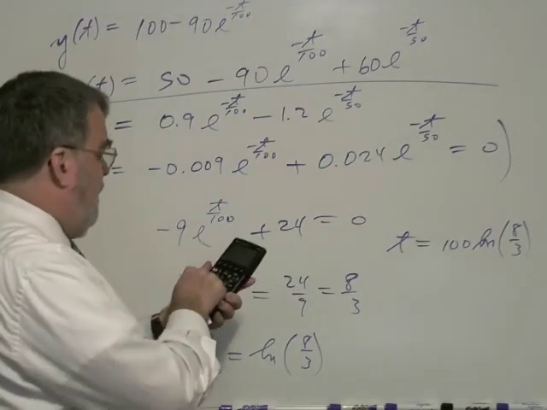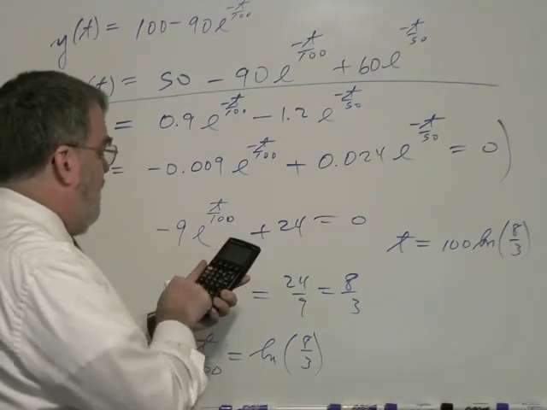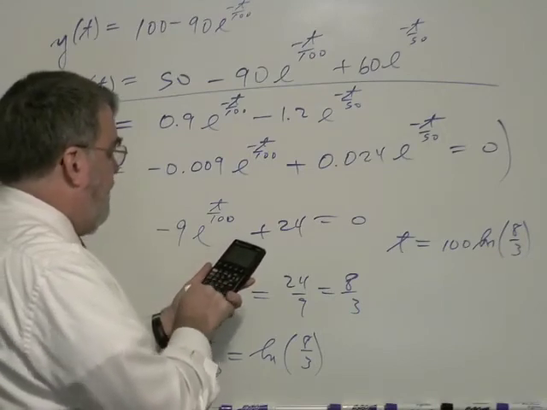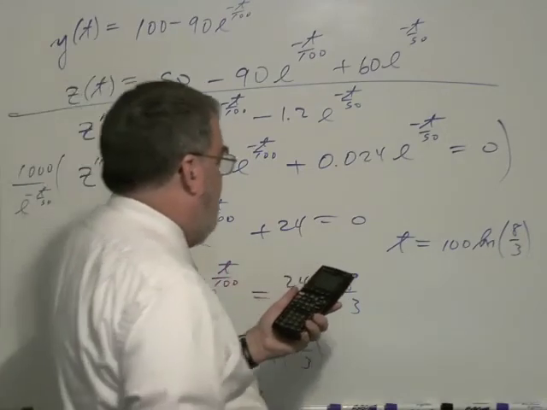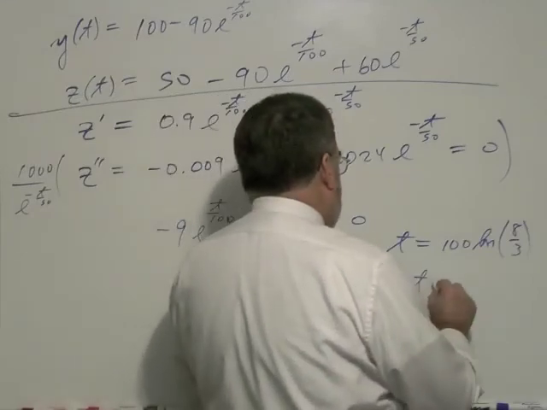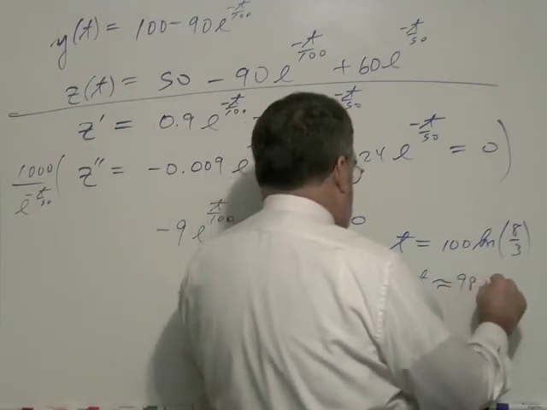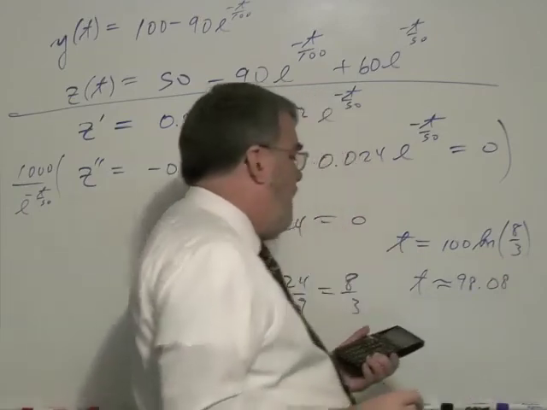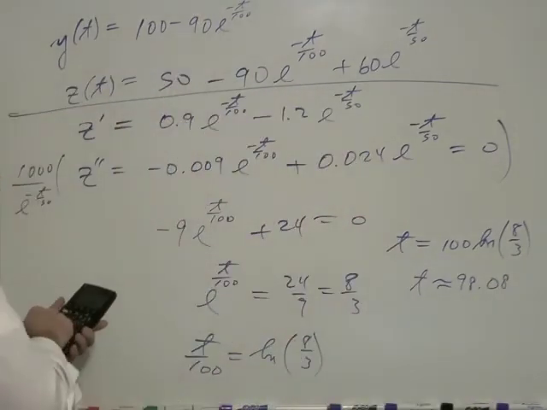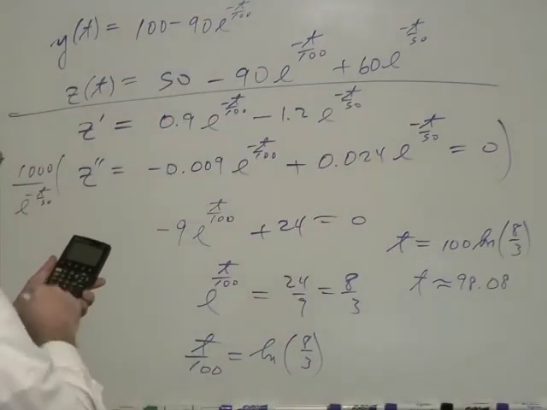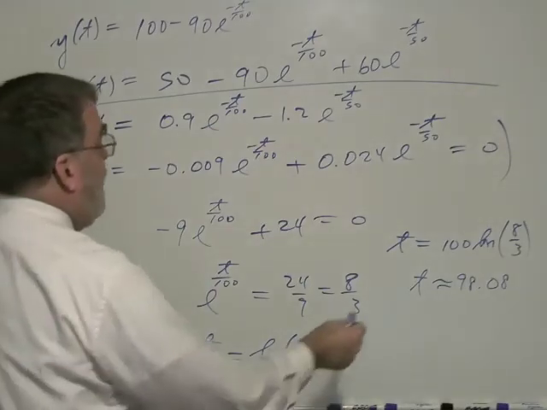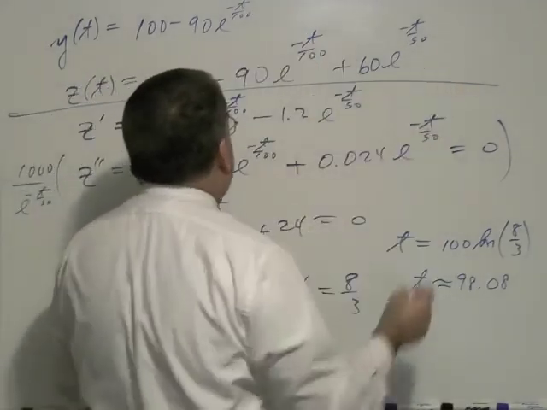So 100 natural log, parentheses 8 divided by 3, is about 98.08 minutes. t is about 98.08. Okay, finally I'm going to store that in my calculator and run this number into my function here, z of t.